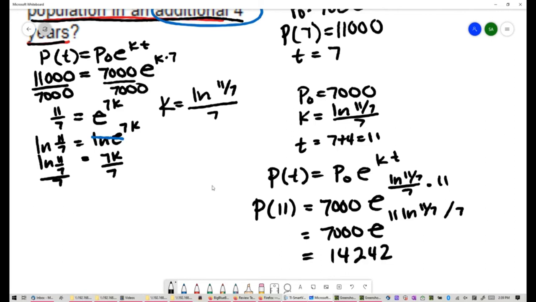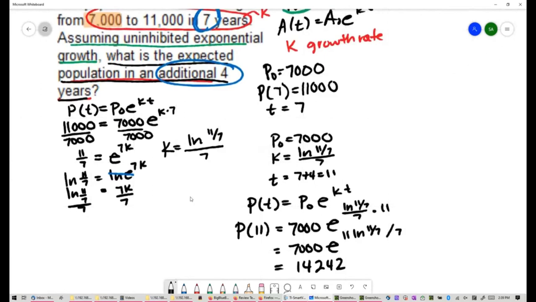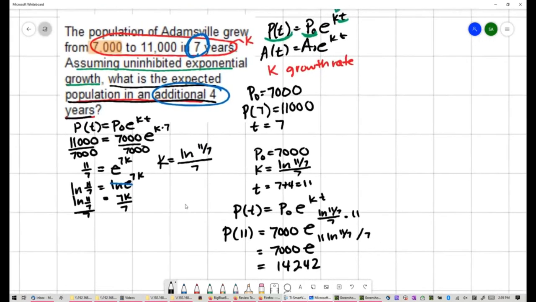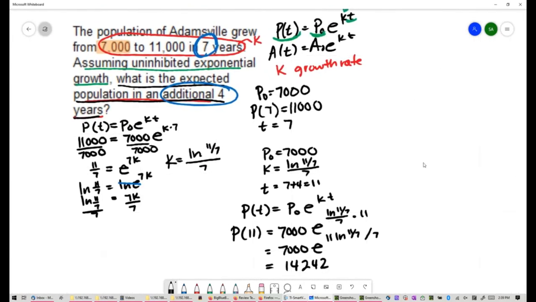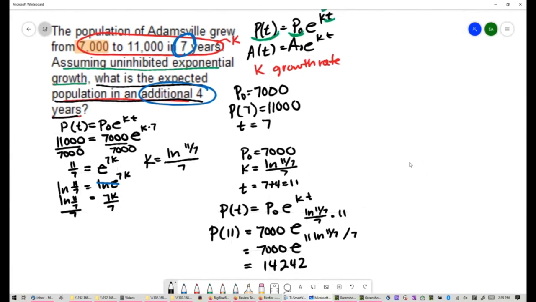I'm going to zoom out so you can see the whole problem. And maybe I'll show you the other way. So what if I had started with the 11,000 as my starting population? And then k is still going to be natural log of 11 over 7, over 7.